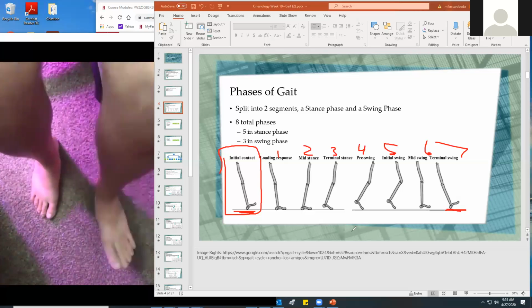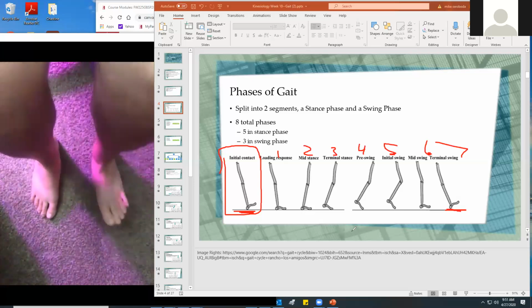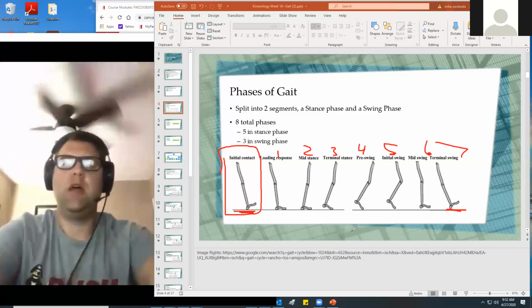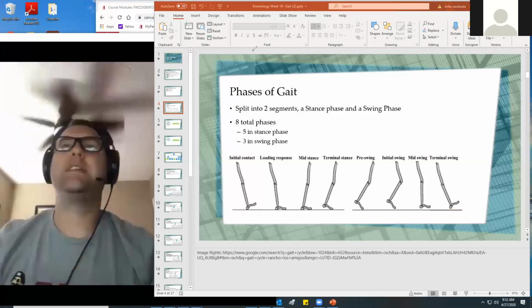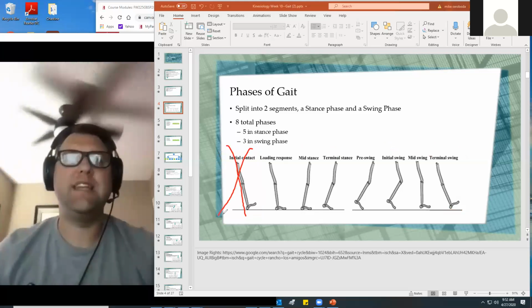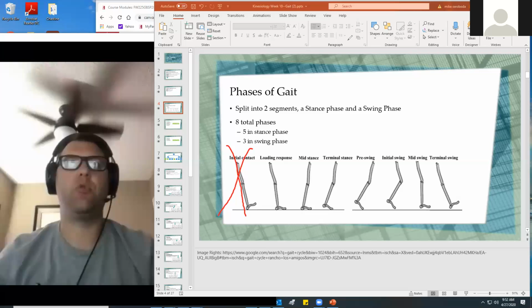So there is no landing. You're not landing on your heels when you first start. You're starting at that loading response phase. So when you do your assignment for gait, make sure you do not include the initial contact into the homework.